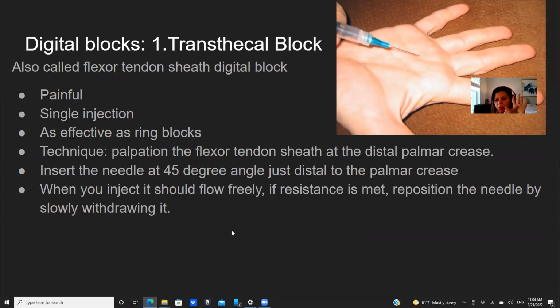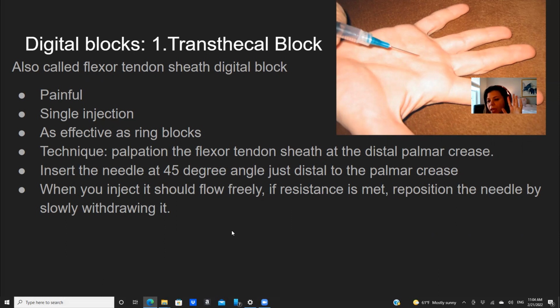When you inject, the fluid has to move freely into the sheath. If you are getting any resistance during this injection, just pull the needle back a couple of millimeters and try and inject again. You should be moving freely into the flexor tendon sheath.